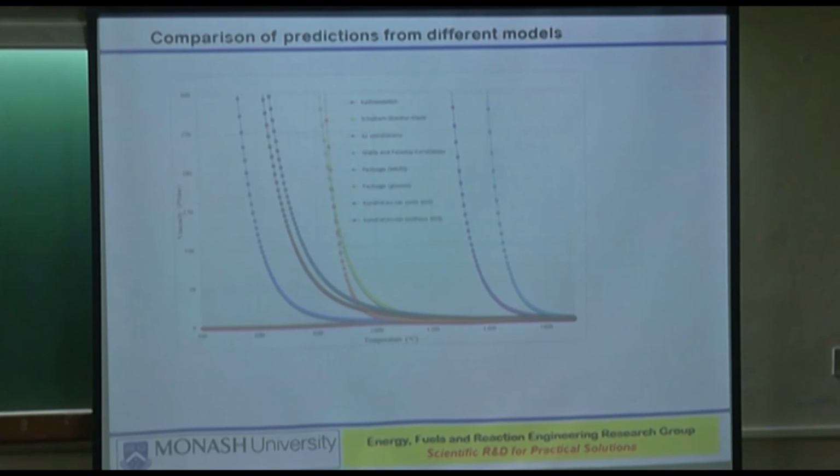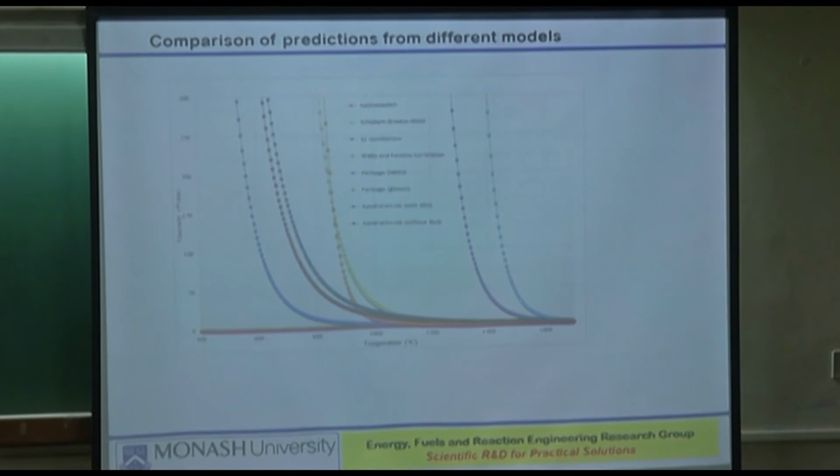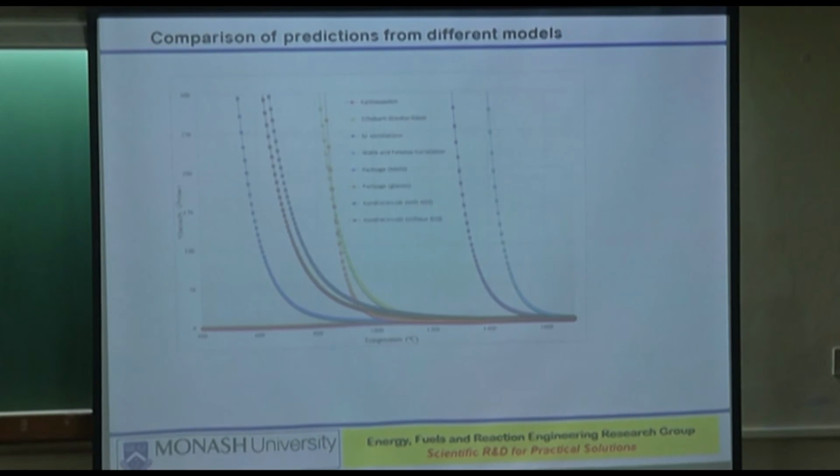The lower flammability limit is about 4%. So if you want to put in hydrogen, then you put below 4%. Similarly for CO, but for CO2 it is not a problem. CO2 you can put in 100%, not a problem.